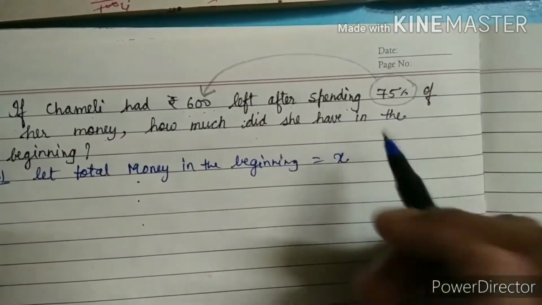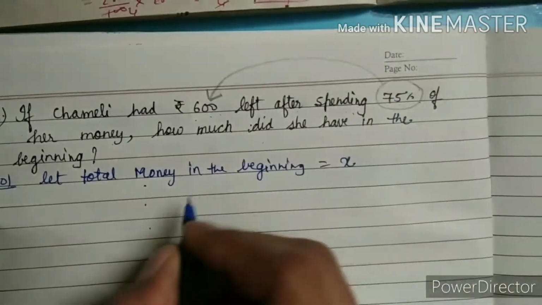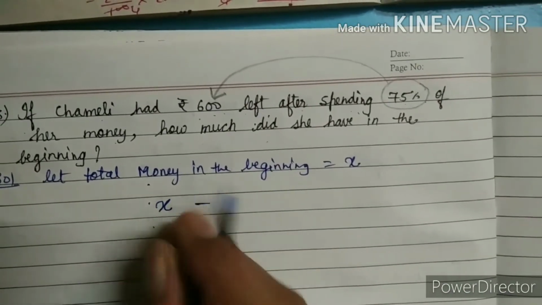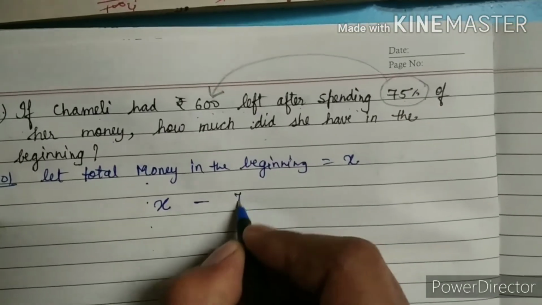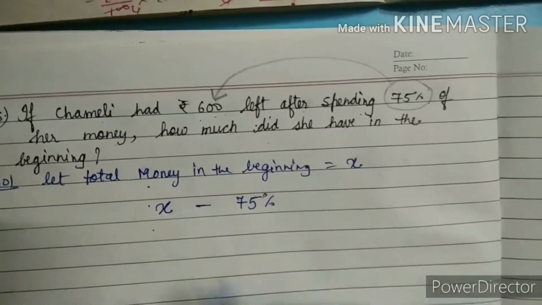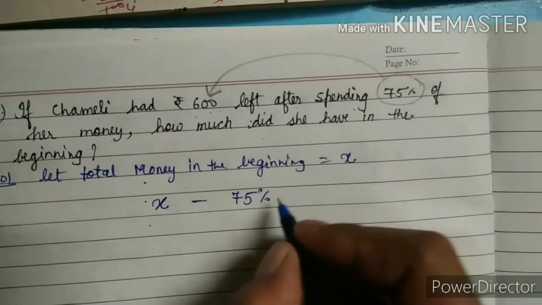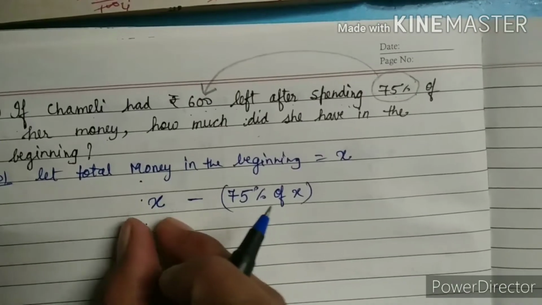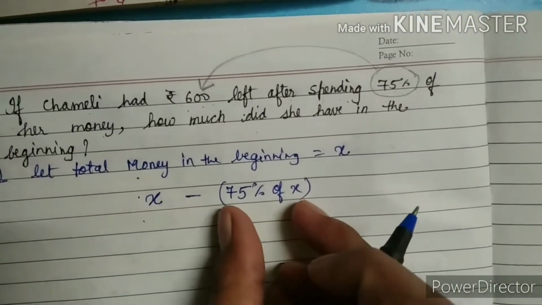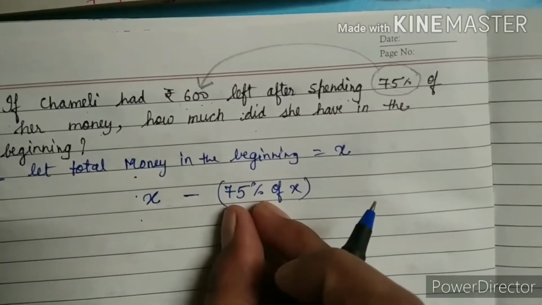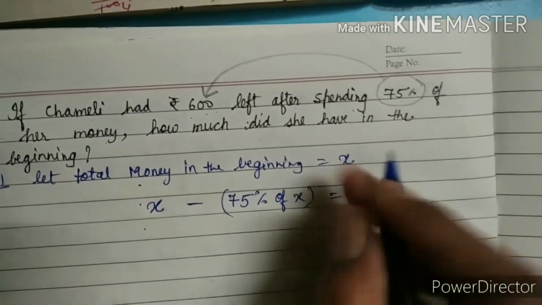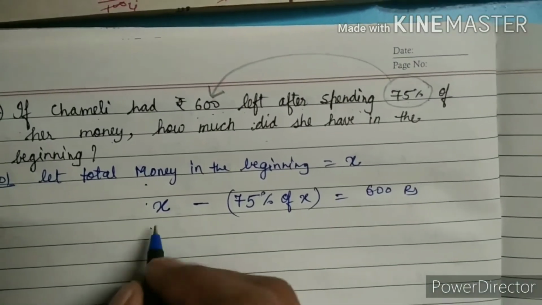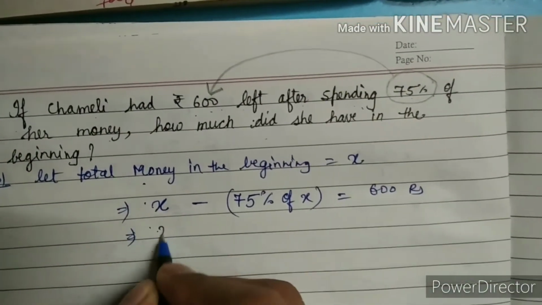And for removing from the total, we have to put minus, because the total is X, and from X she spent 75% of the total. And here how much is remaining? 600 rupees remaining.